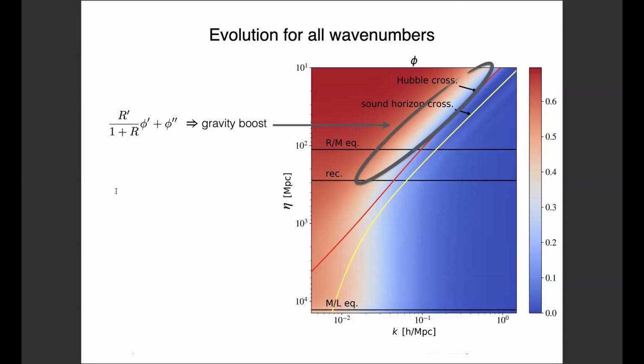If this line is very low, then on the contrary, here it will be bluer. The mode, when crossing the Hubble radius, will experience a lot of gravity boost and will be enhanced. So there is a range of modes in the middle, which can be enhanced more or less by gravity boost, depending on the time of equality, given that the one of recombination is fixed.